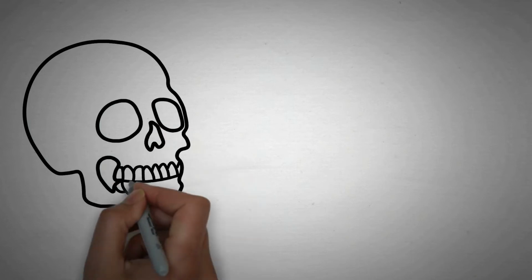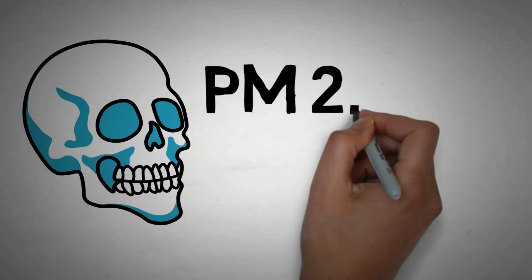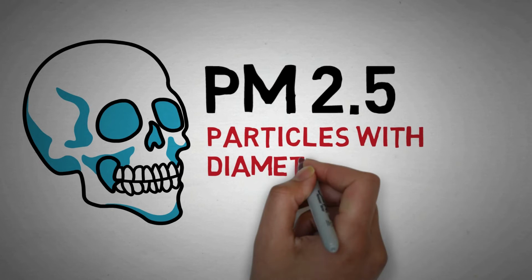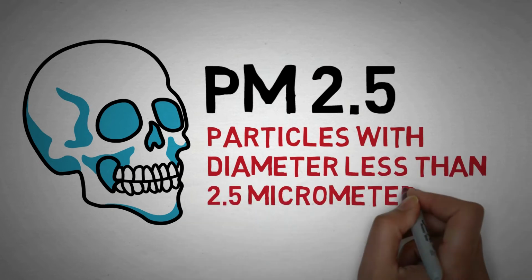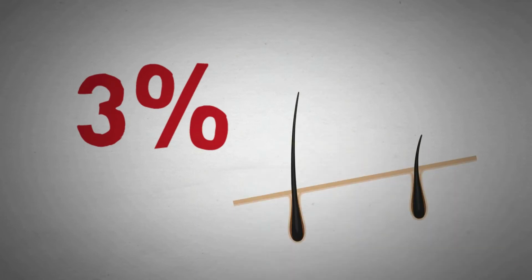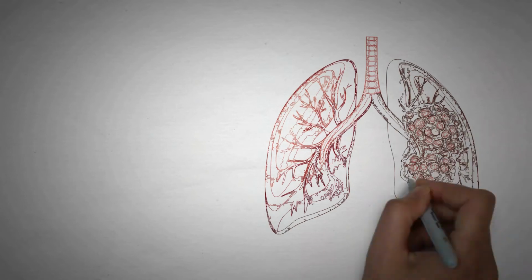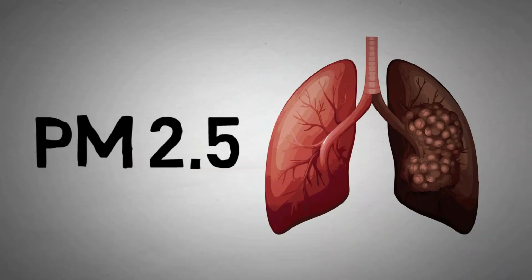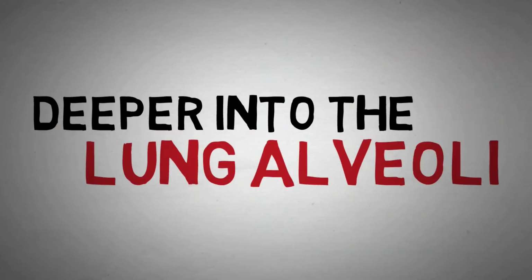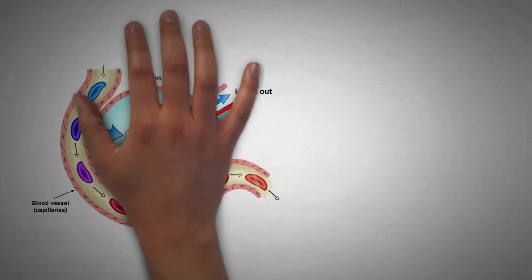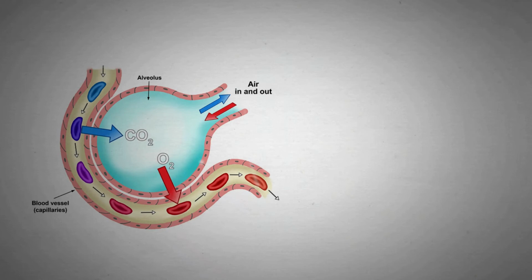But more deadly is an even smaller classification, which is also known as PM2.5, or particles with diameter less than 2.5 micrometers, just 3% the diameter of a human hair. In addition to contributing to risk of lung disease, PM2.5 particles pass even deeper into the lung alveoli, the blood vessel-covered air sacs in which the bloodstream exchanges oxygen for carbon dioxide.